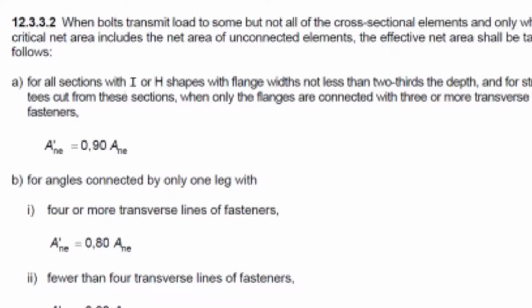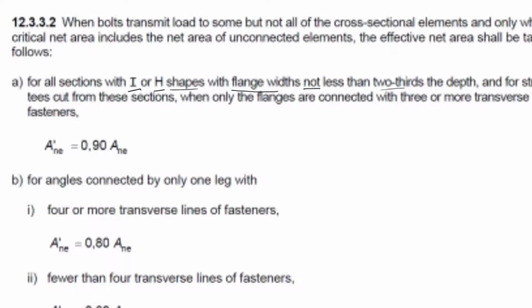For all sections with I or H shapes, okay, great, so if I've got an I or H beam with flange widths not less than 2/3 the depth, i.e. greater than 2/3 the depth, and for structural T's cut from these sections when only flanges are connected with 3 or more transverse lines of fasteners.